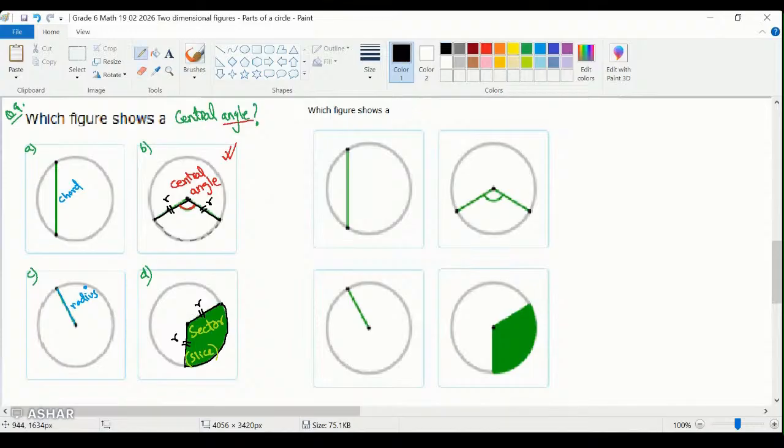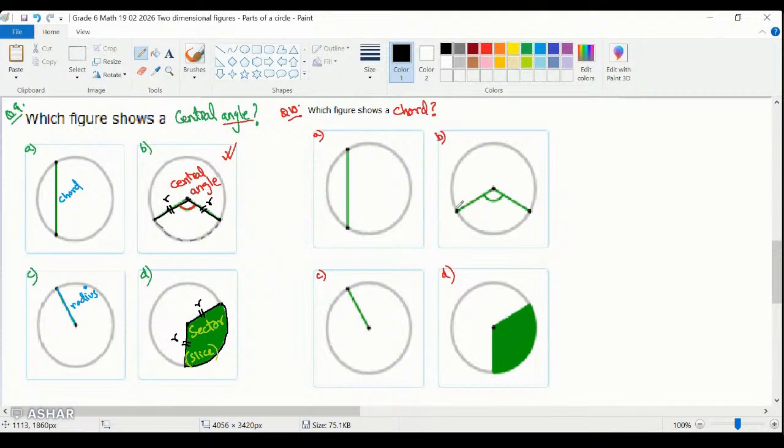Let's try and find the chord in question number 10. Option A, option B, option C, and option D. So which diagram shows us the chord in question number 10?